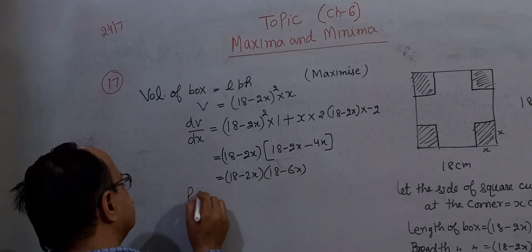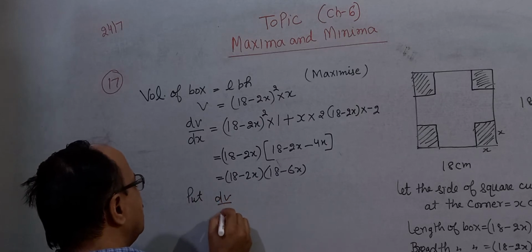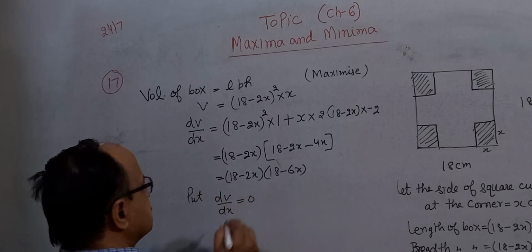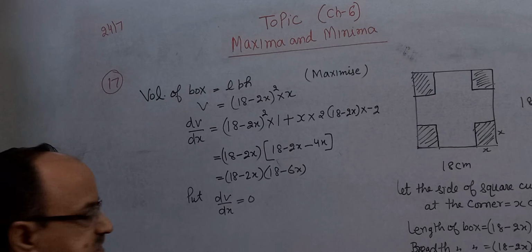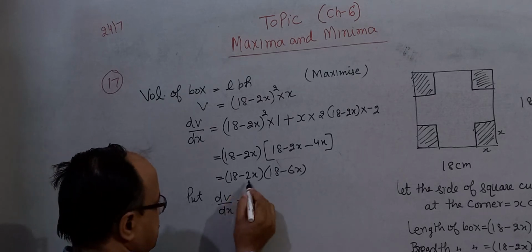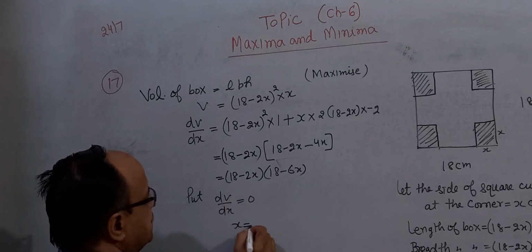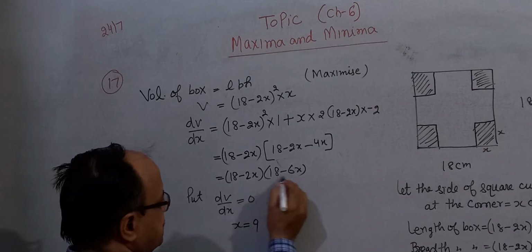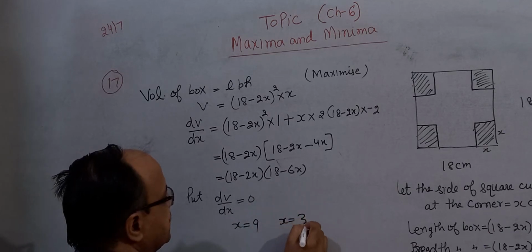Put dv by dx is equal to 0. If this is equal to 0, then x is equal to 9. If this is equal to 0, then x is equal to 3.